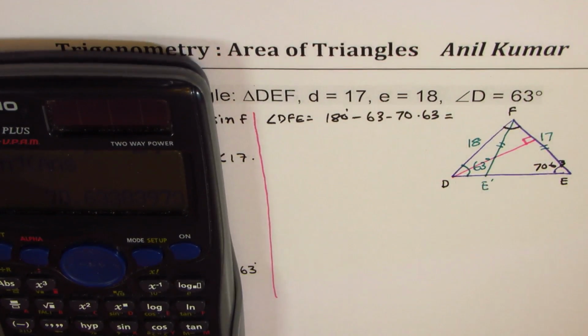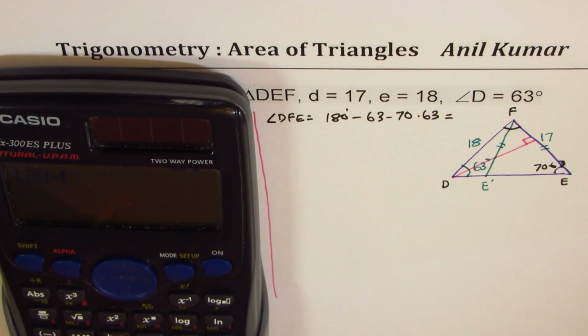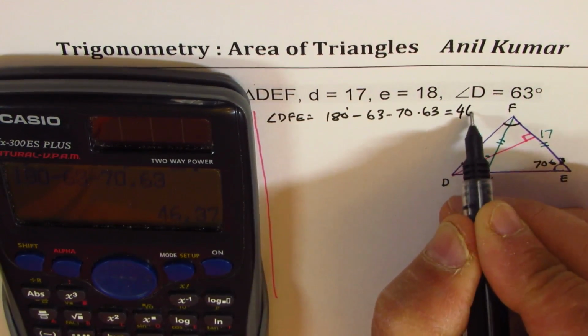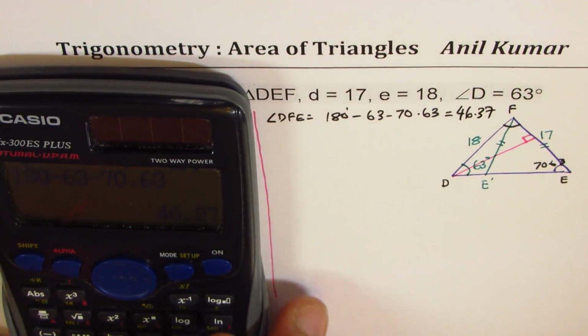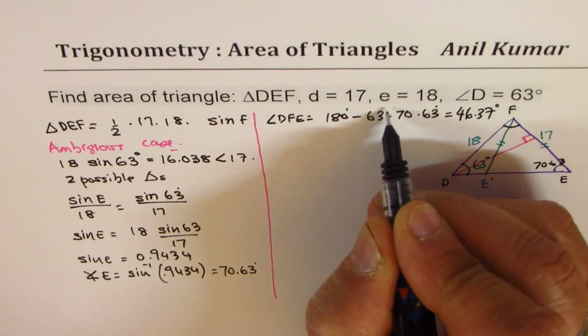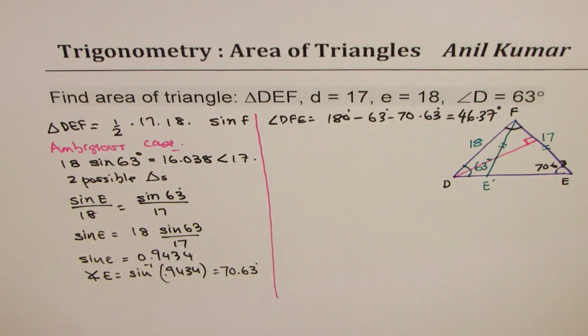So that is 180 minus 63 minus 70.63, equal to, in decimals, 46.37. Right? So 46.37 degrees is the angle F.